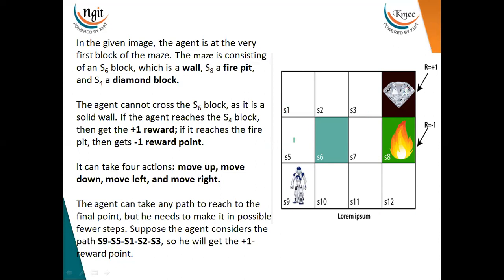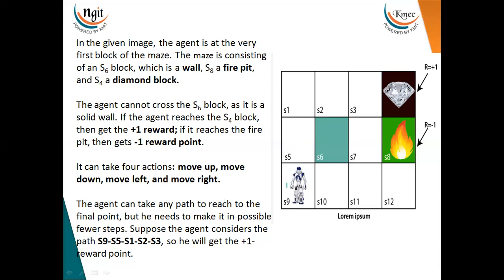S5 is also a plain block. S6 is a wall, an obstacle. S7 is a plain block. S8 contains fire, meaning whenever the robot moves to S8, it will get a penalty of -1. S8 is not the goal of the robot. S4, which contains the diamond, is the only goal.